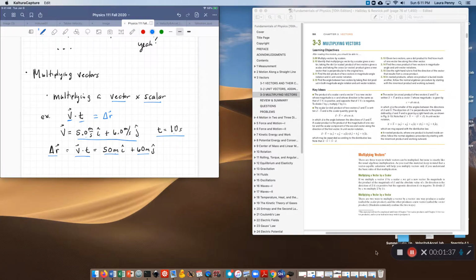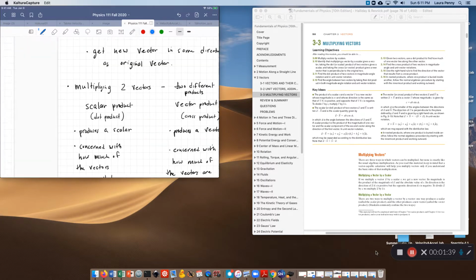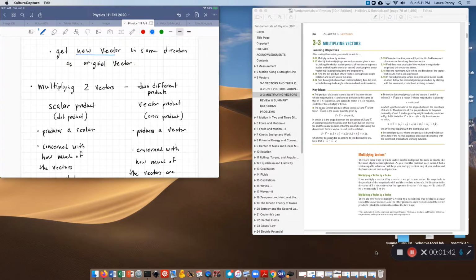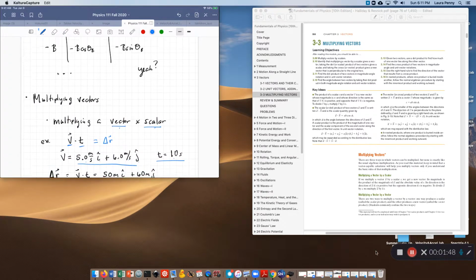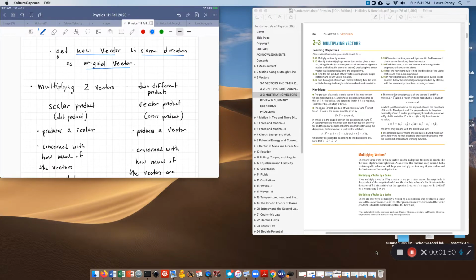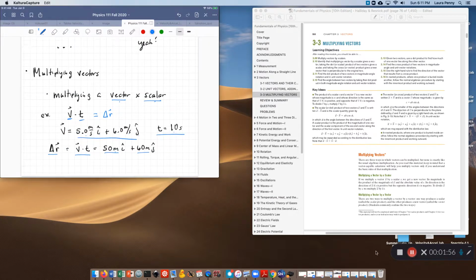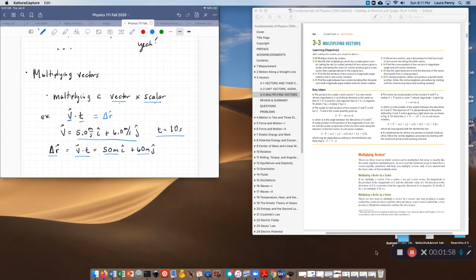When I multiply a vector times a scalar, I end up with a new vector. It's in the same direction as my original vector, unless I've multiplied it times a negative scalar. I guess it's in the parallel direction. If my scalar was negative, say negative 10 seconds in this situation, then I would be in the opposite direction.